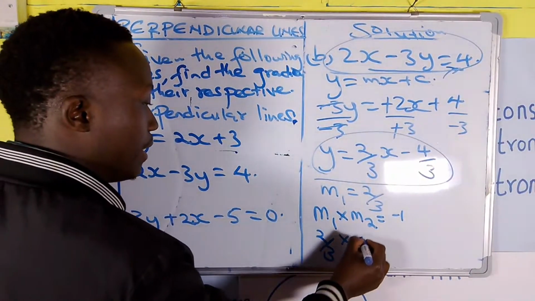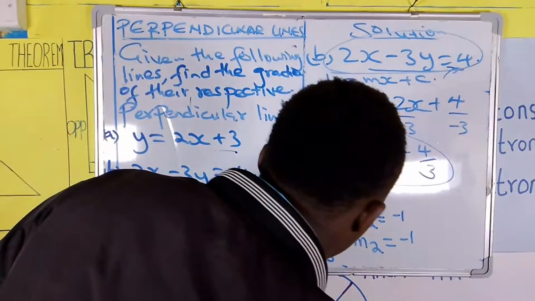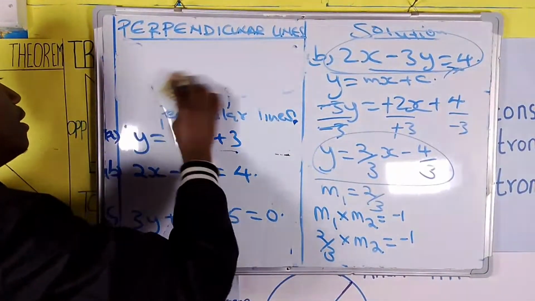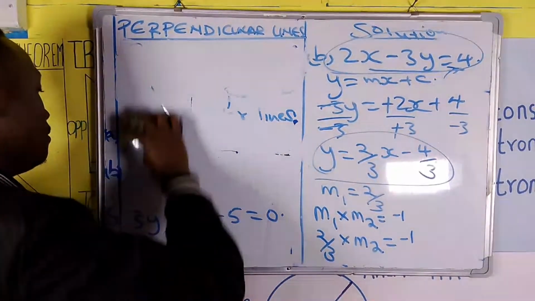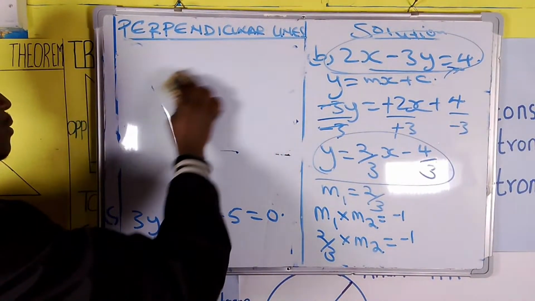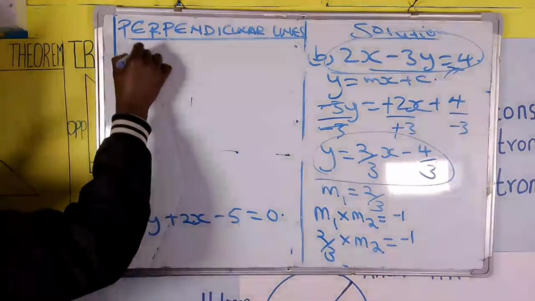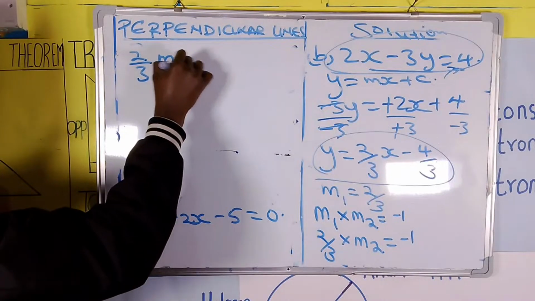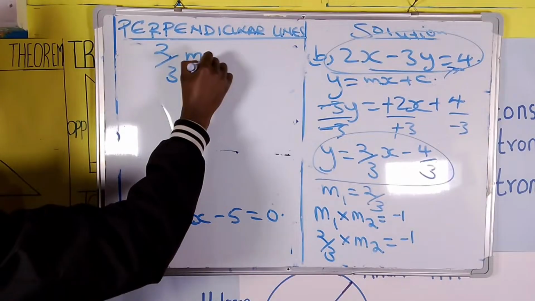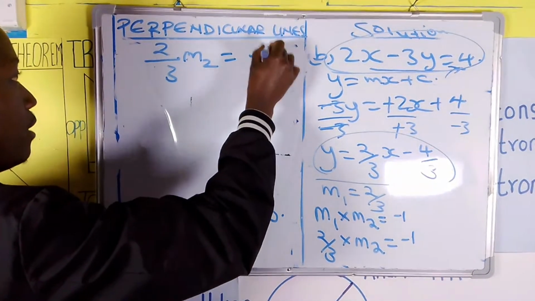We multiply with m2, which is equivalent to negative 1. 2 over 3 multiplied by m2 gives us 2 over 3 m2 is equal to negative 1.